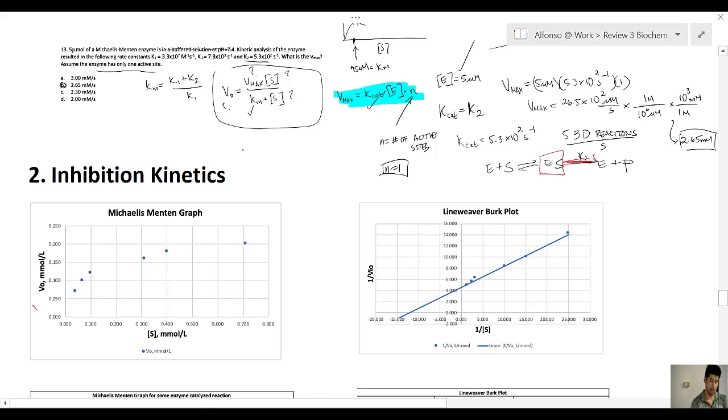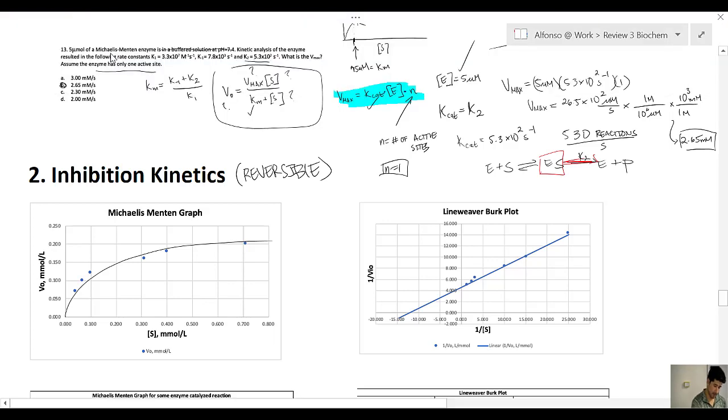All right, so now we're going to talk about inhibition kinetics, which is everybody's favorite subject. More specifically, we're going to talk about the reversible inhibitors. So reversible inhibitors only. Here we have a Michaelis-Menten graph on the left-hand side. If we were to connect all of these dots, we would get a graph that looks just like this.